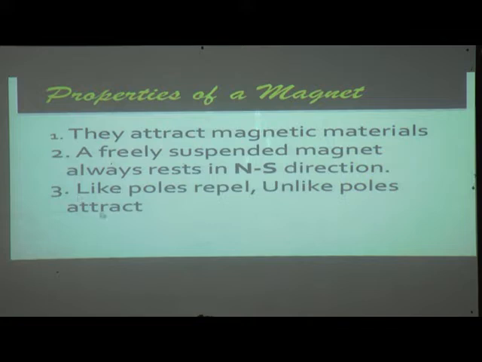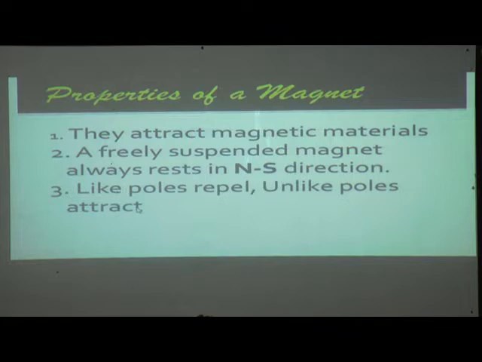Then one more characteristic or property is that like poles repel and unlike poles attract. So what does it mean? Like poles, it means north pole with north pole. When we take two magnets and keep them closer to each other, what will happen there? If there are north and north poles, we keep them closer to each other, they are going to repel.